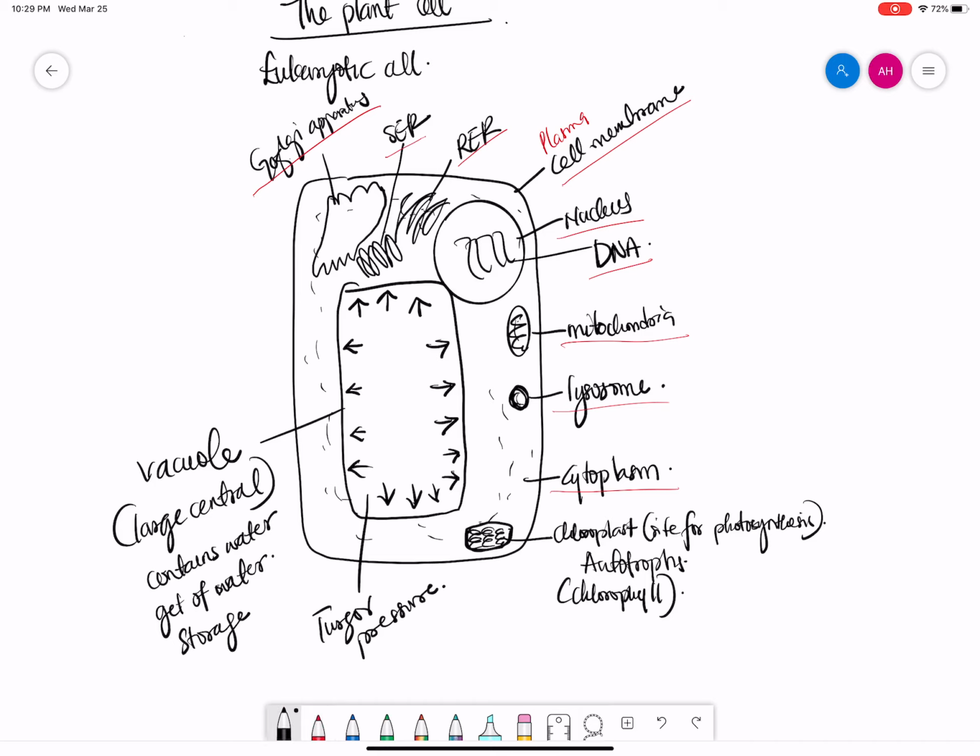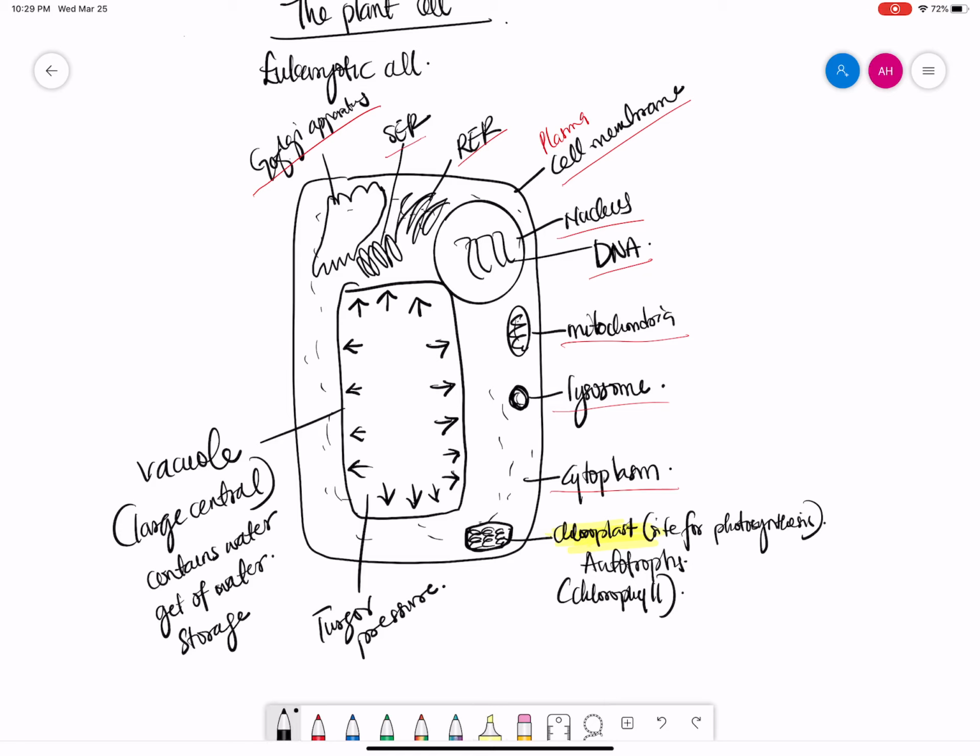So there are other structures that I want to introduce to you here in the plant cell. The plant cell has a chloroplast right here. The function of the chloroplast is that it's the site for photosynthesis.